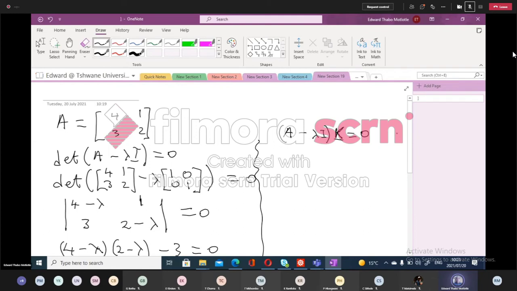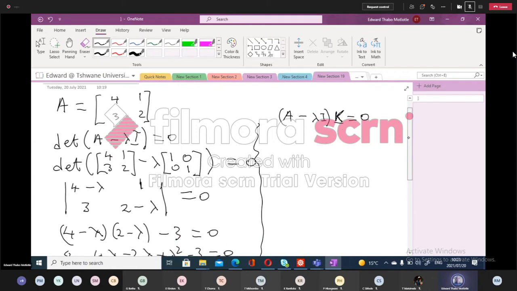Okay, now how do we solve this one? This is not just a scalar, it's a vector. So I'm going to write it again so that you can clearly see it. This is 4, 3, 1, 2. Let me just put it in a square bracket again. Minus, now our lambda, we have to choose 1 here.